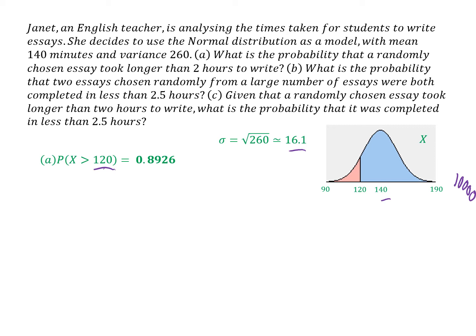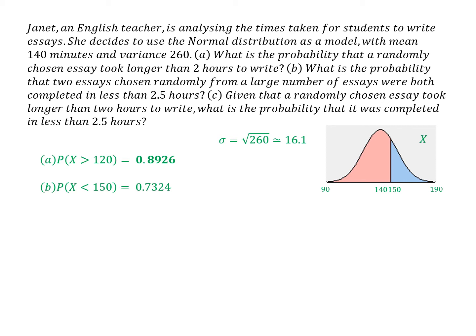And then we're looking at 2 essays now chosen from a large number of essays. Each of those 2 essays has got to be completed in less than 2.5 hours. So 2.5 hours is 150 minutes, which is roughly here. So the probability that one essay is completed in less than 2.5 hours would be this area here. And we can again calculate that with our calculators.